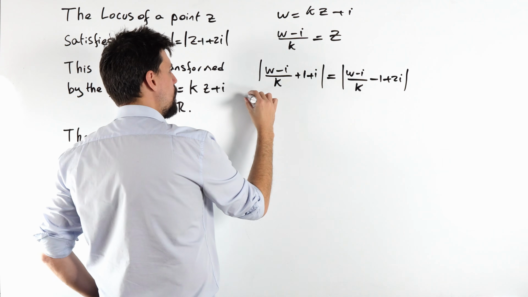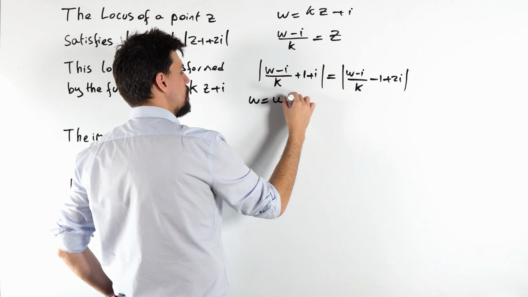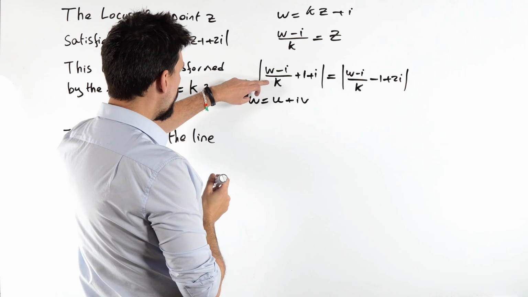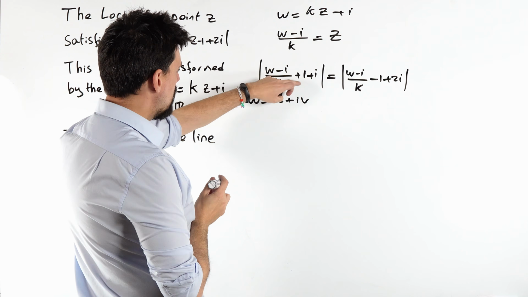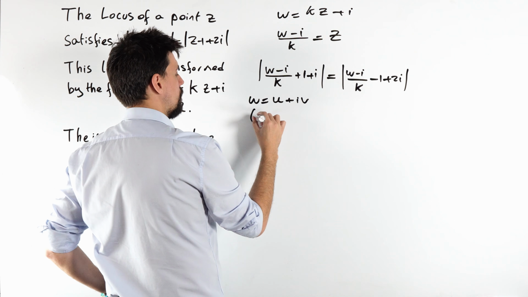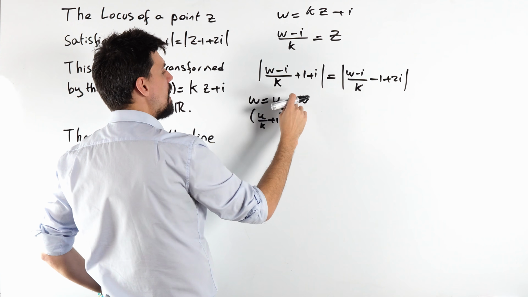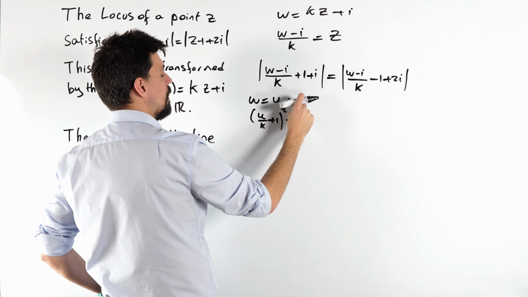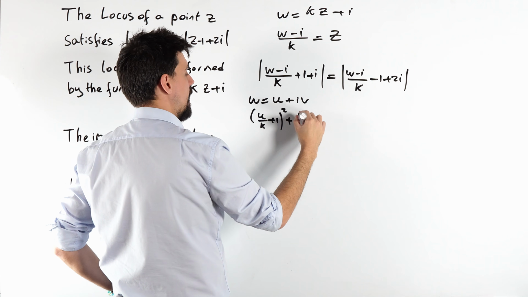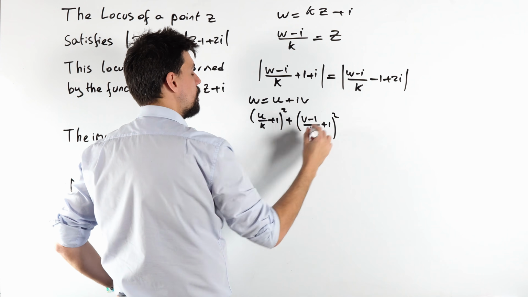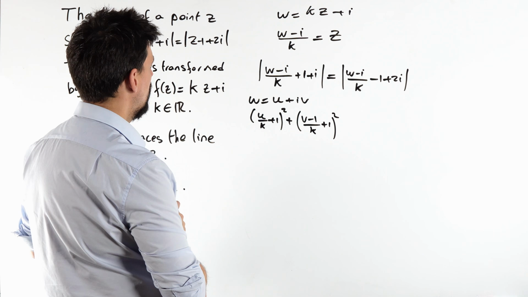Now, if we set this up where w is u plus iv, what is the modulus of that? Well, the real part will be u over k plus 1, plus the imaginary part will be v minus 1 over k plus 1, all squared. Is that right?